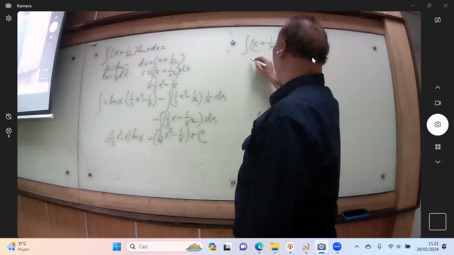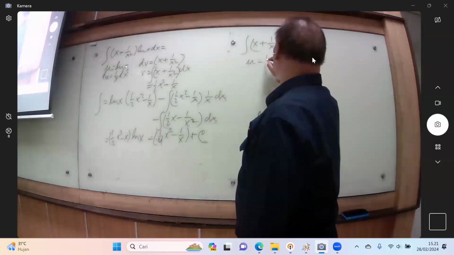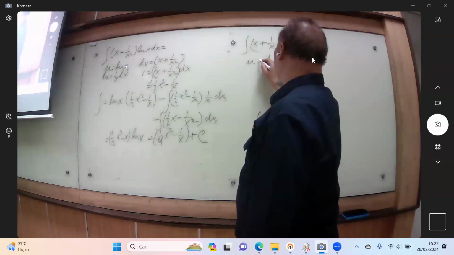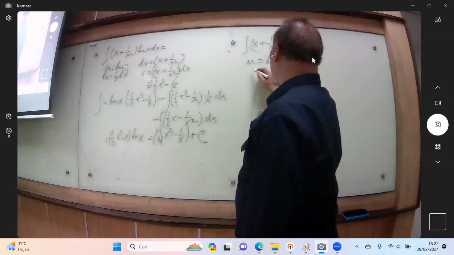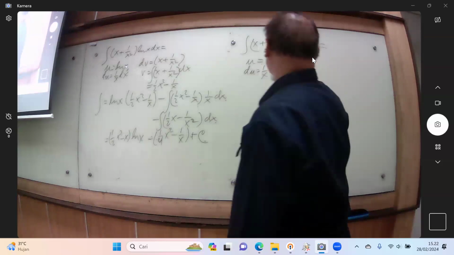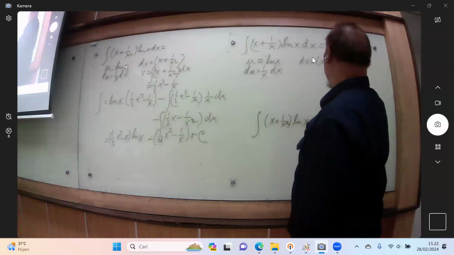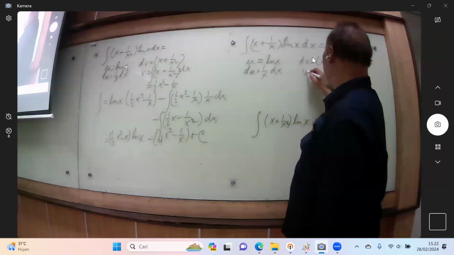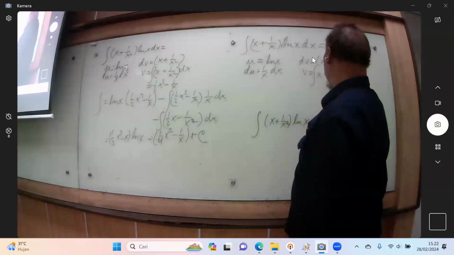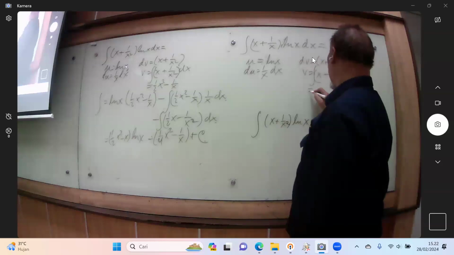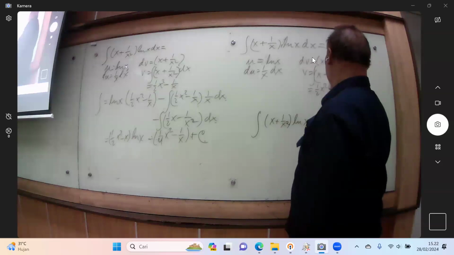Then again, u is ln x, and du again is 1 divided by x dx, and dv now is x plus 1 divided by x dx. So v is the integral of x plus 1 divided by x dx, which equals half x squared plus ln x.